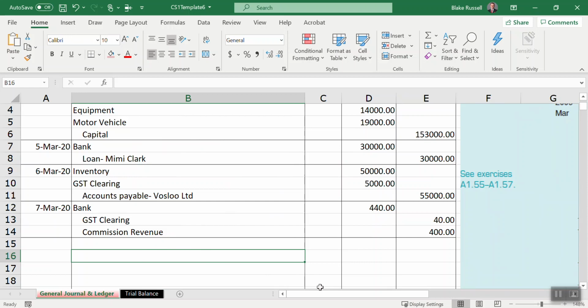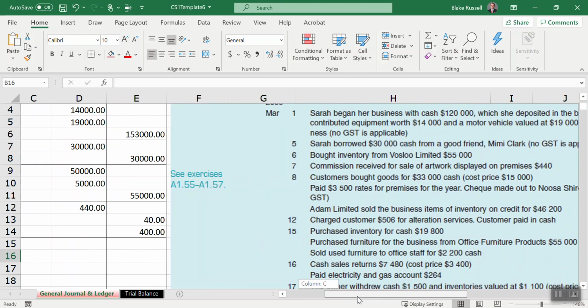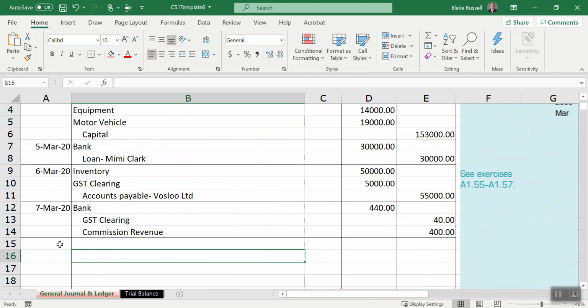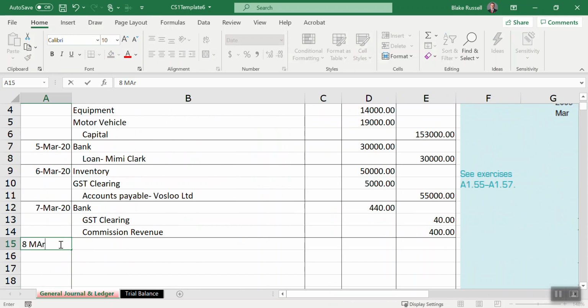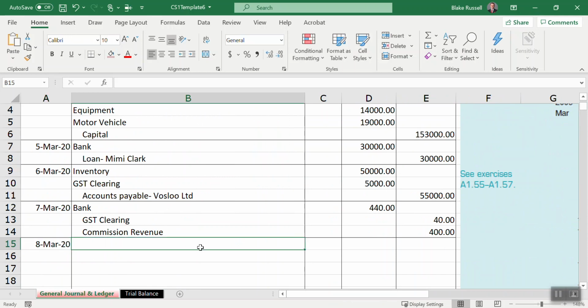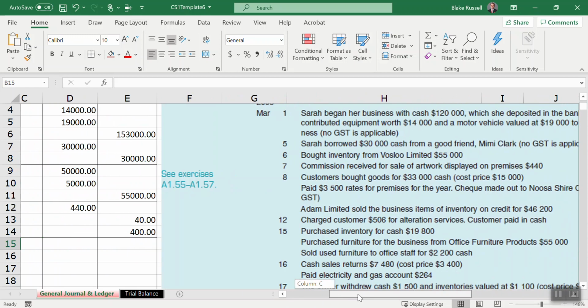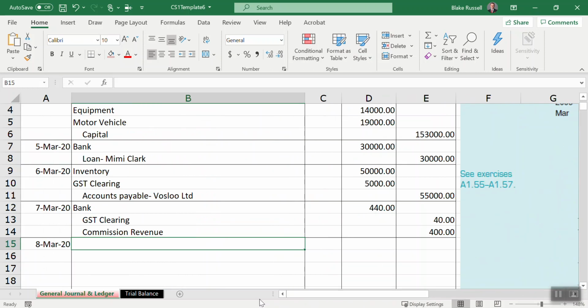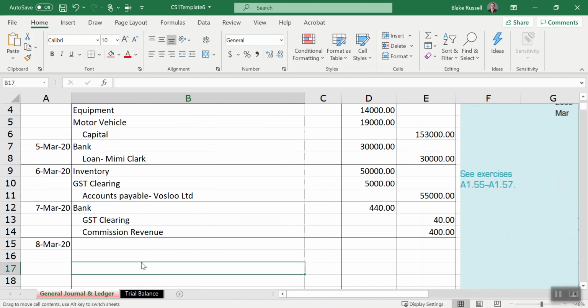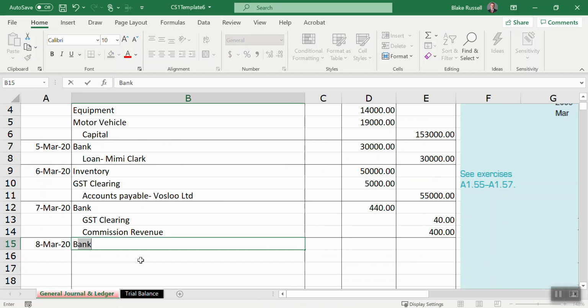So let's say 8th of March, bought $33,000 in cash, bought goods. So the goods that we're talking about is inventory and the cash. So, sold goods. So bank is one.